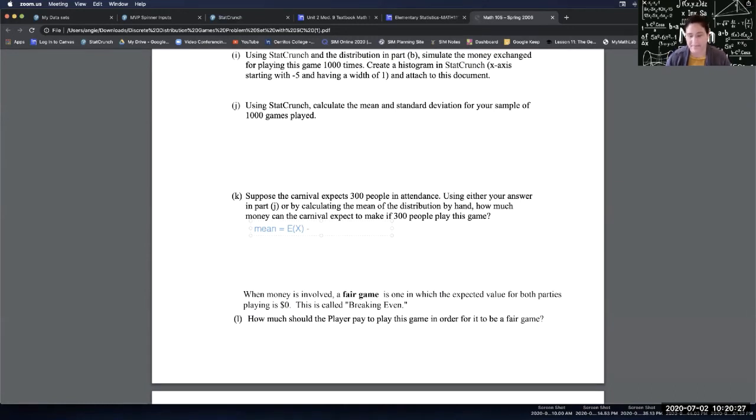When you see that capital E, just like when you see capital P you get probability, capital E means expected value, which is another word for the mean or mu for a population. So my expected value is going to be, there were 16 times I said I would lose $5, so bracket, 16 times that I would lose $5.